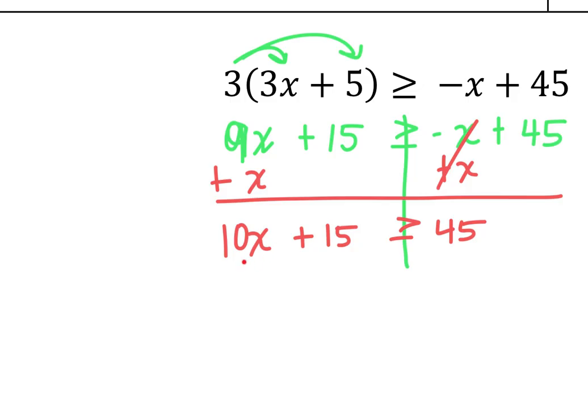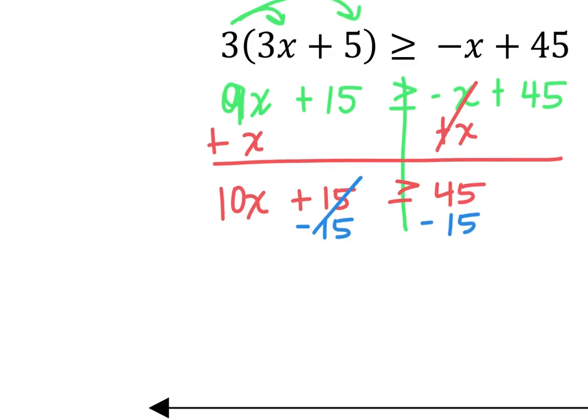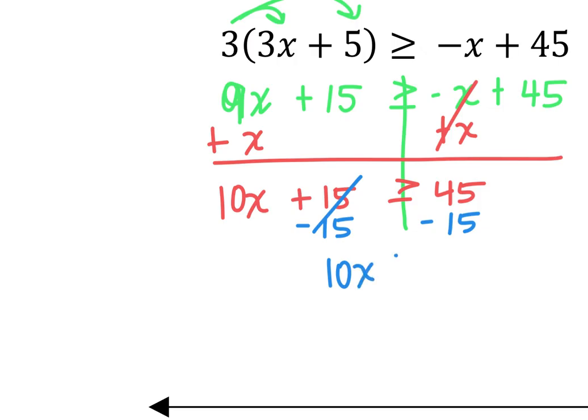Now that I have all my x's over here on the left, I'm going to get all my constants on the right. So since this is a plus 15, we're going to subtract 15. 10x is greater than or equal to 45 minus 15, which is 30. My last step to solve for x is to divide by that coefficient, so I'll divide by 10.